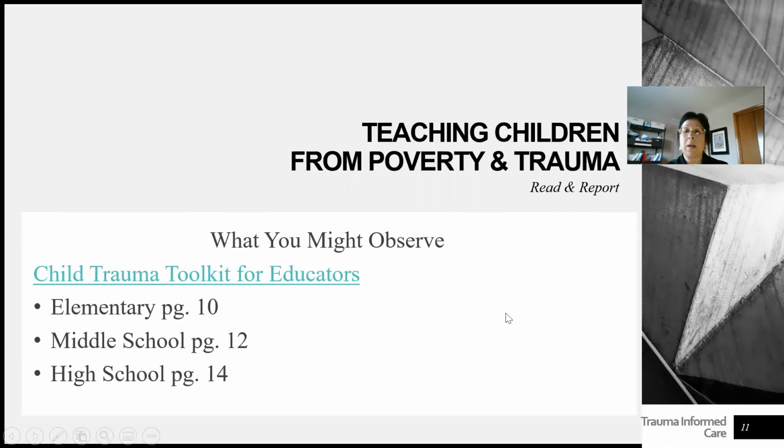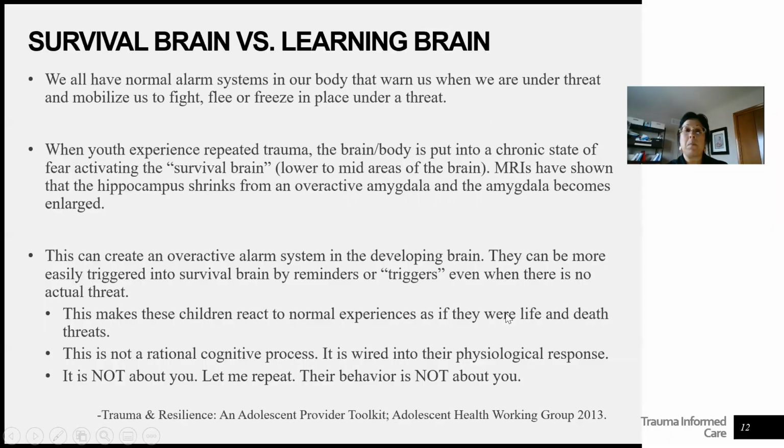So moving on, this is a slide that talks a little bit more about when we talked about the various levels of trauma and how often our students are experiencing trauma and other things like that. An important thing to focus on is the survival brain versus learning brain.